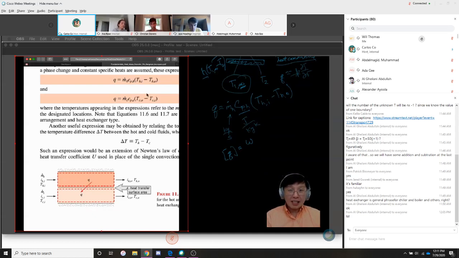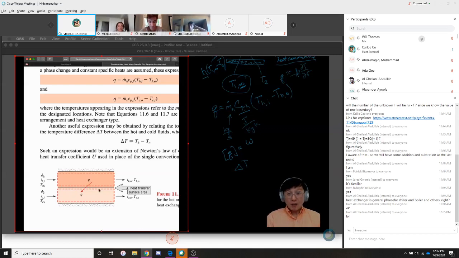Up here, there's the inlet and the outlet, but down here, there are no inlets and outlets. So what on earth are they referring to? What they're referring to is that this delta T is the difference in temperature between the hot stream and cold stream at some specific position along the heat exchanger.